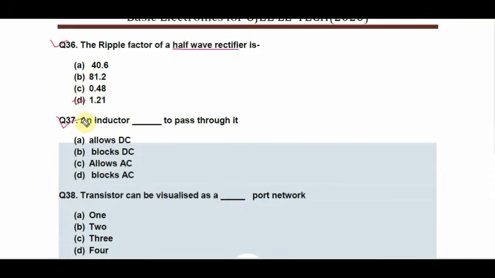In the next question, an inductor allows dash to pass through it. So we know that in an inductor, the XL, that is inductive reactance value, is given by 2 pi F L. Also we know that in DC, the frequency is 0.